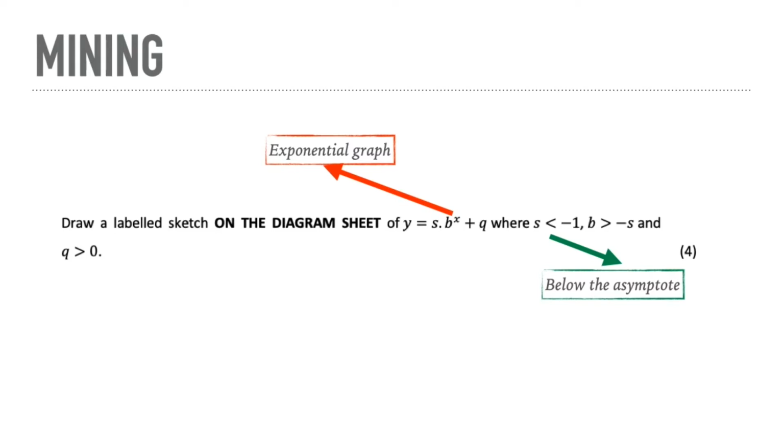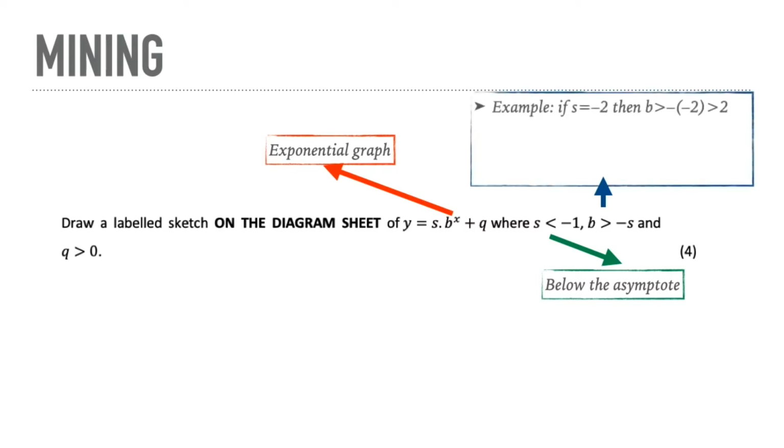Then we look at the nasty little bugger, b greater than -s. Oh man, how do I solve that? My little bit of advice: choose a value for s. Like s is -2. Well, then b must be greater than 2.